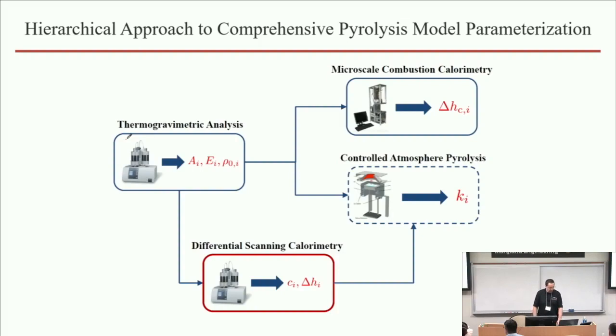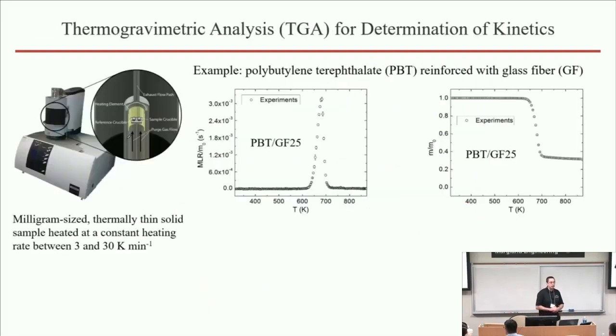So typically in a hierarchical approach, we start with a test that focuses on a problem without any transport, right? We're trying to find an experiment where we can look at the thermal decomposition process without the effects of either mass or heat transport. And one standard technique that gives us this access is thermogravimetric analysis.